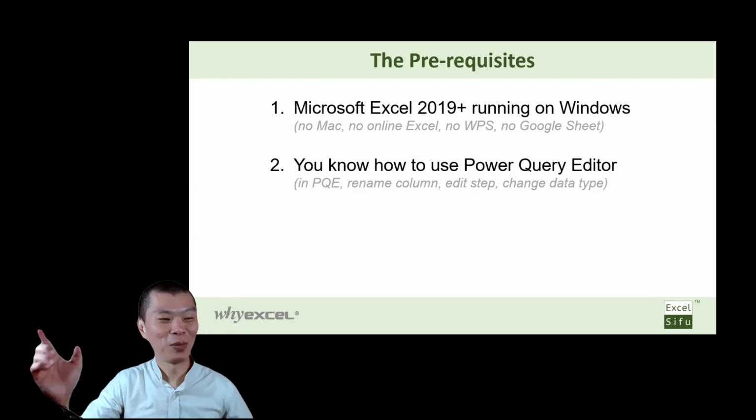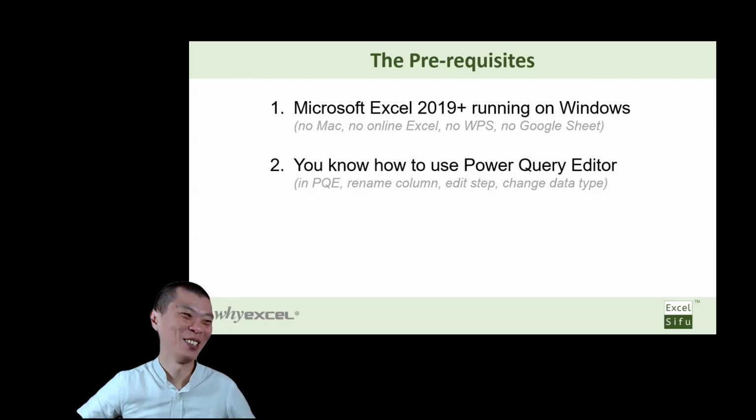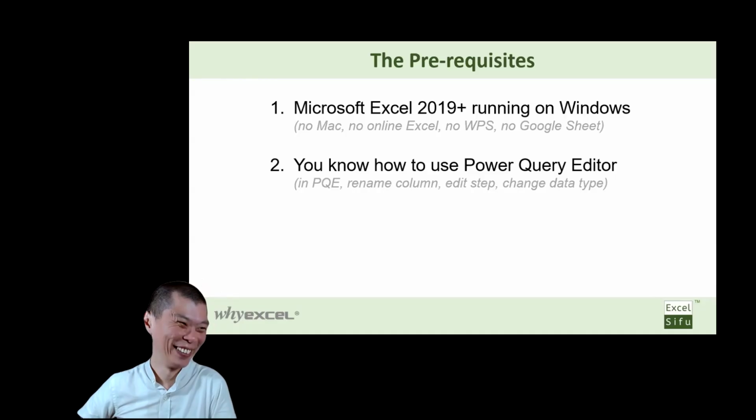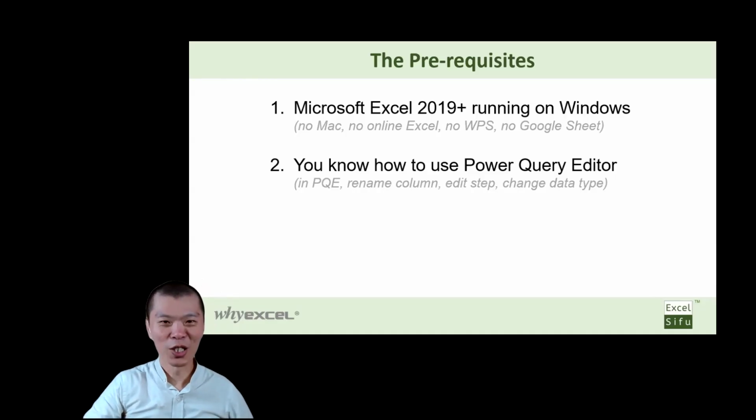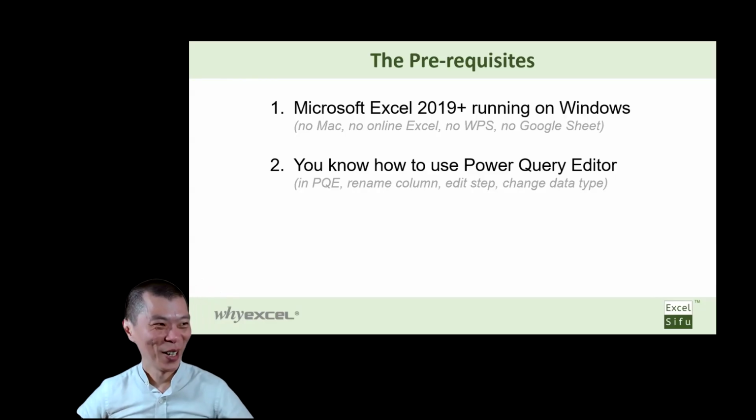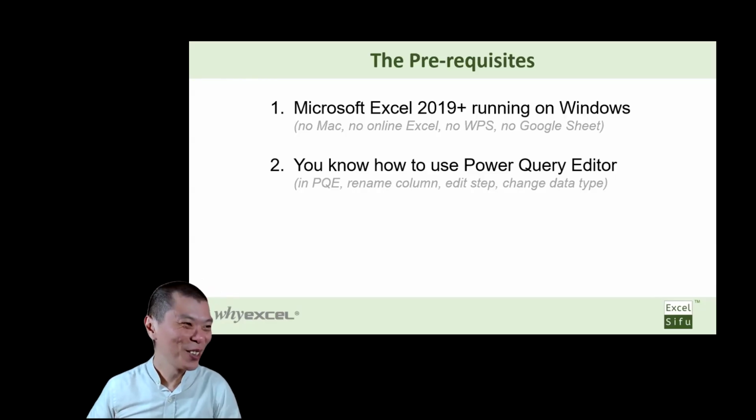Decimal means 0 point something. Not the decimal point. My mistake, my instruction is not clear enough. Okay, 0.05, 0.3. Good.